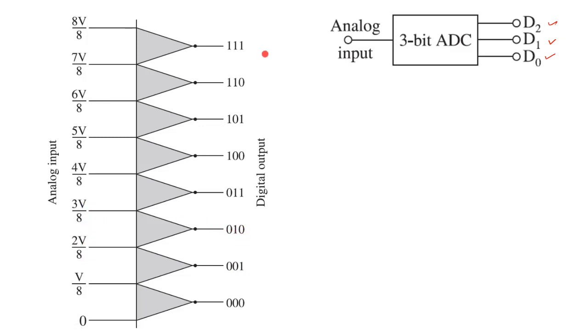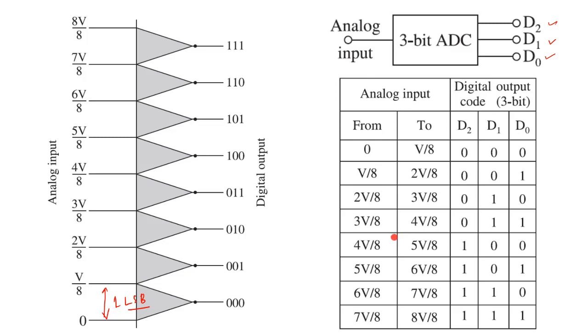How it is coming? In fact, let us see. First we need to find the span, and if we divide the span by the total number of digital outputs, then we will get the 1 bit, we call it 1 LSB, right. This is called 1 LSB, least significant bit, right. So now this is the analog input, right, and this is your digital output.